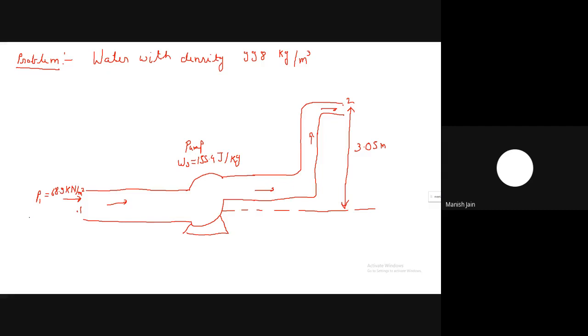The average velocity of the fluid here is V1. Now at point 2, the pressure P2 is equal to 137.8 kilonewton per meter square. The average velocity at this point is V2.